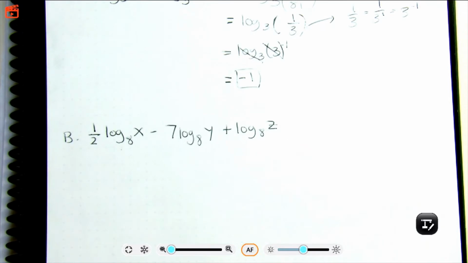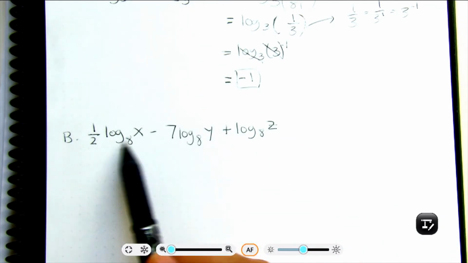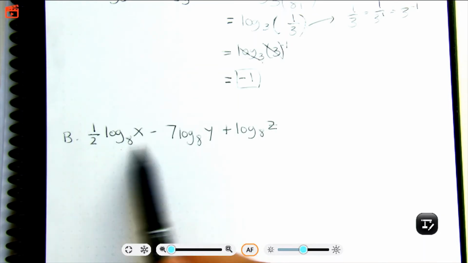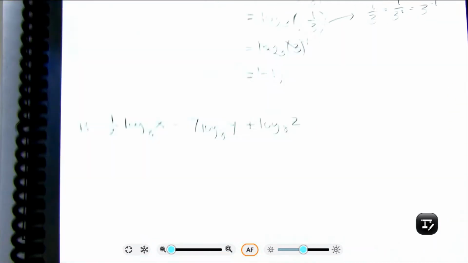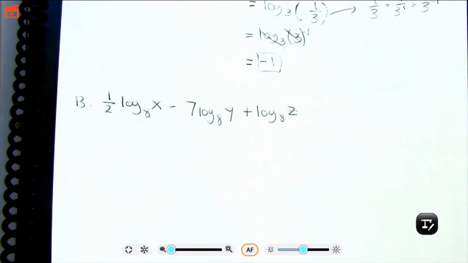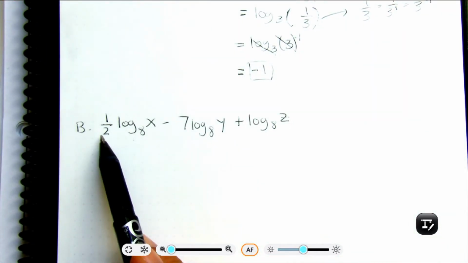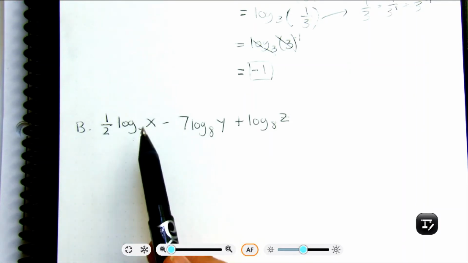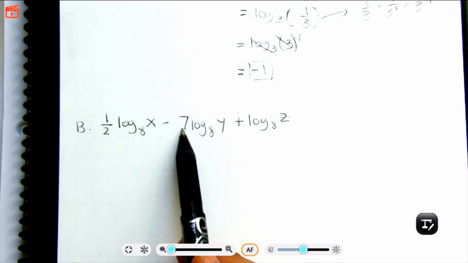We have a minus here, so what that means is that this is going to be a quotient between these two. And then we have addition, and that's going to be product. We also have a coefficient, and remember that a coefficient in front of a log is the power of the log. So right here we have another coefficient, and it's the power. And we're going to actually start there.